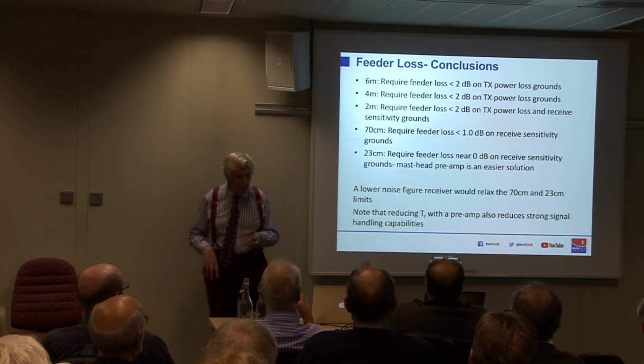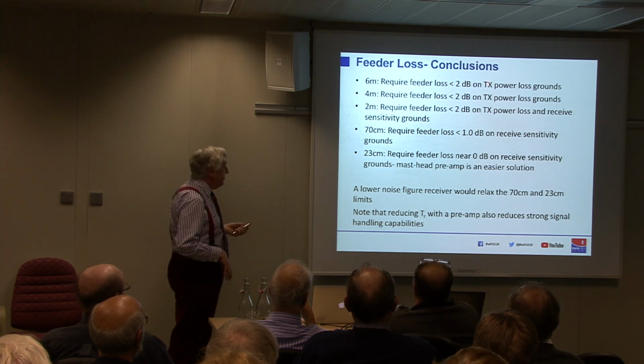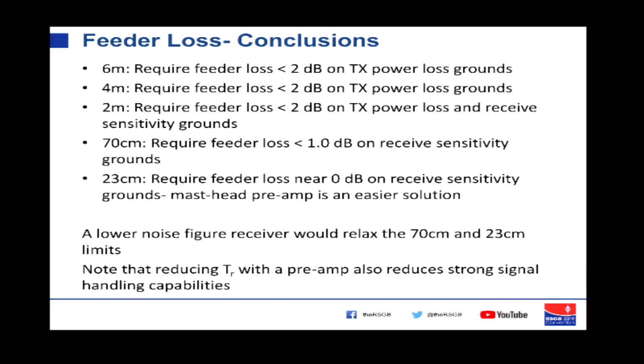And what I would say overall for feeders is that transmit power loss tends to be the thing on the lower frequency bands, and I really don't think having more than 2 dBs of feeder loss is a good idea on economic grounds. You're going to have to work harder at 70 centimetres, and it becomes a marginal thing as to whether you might benefit from a preamplifier on that band, depending how you can engineer your feeder. On 23 centimetres, you pretty well certainly have to do this for a high-performance station.